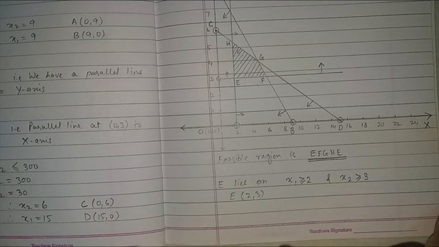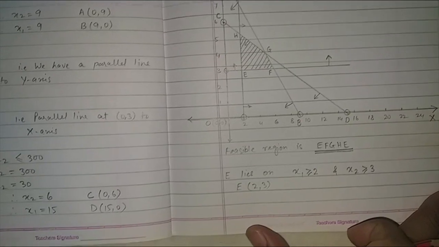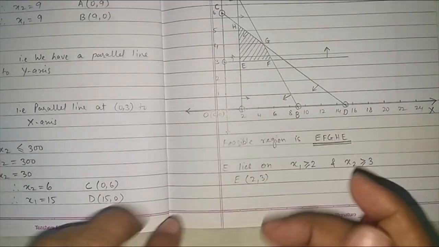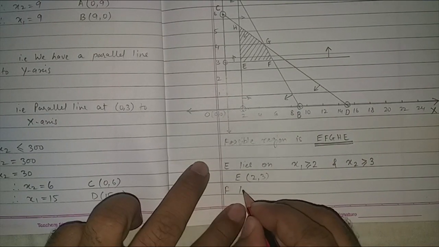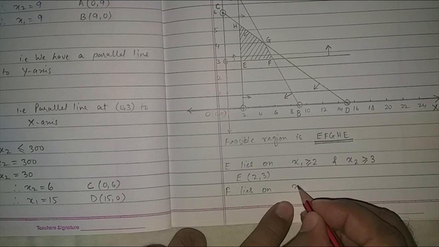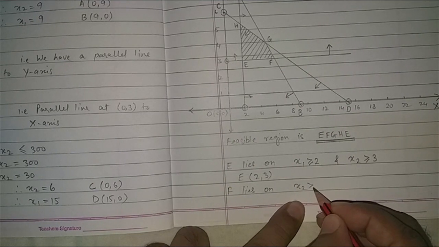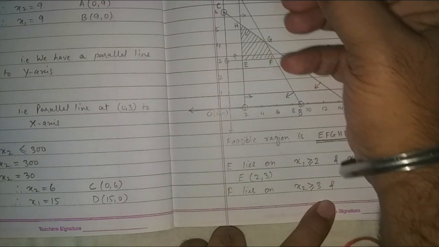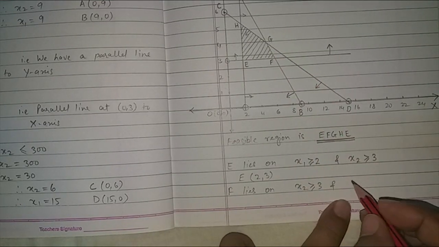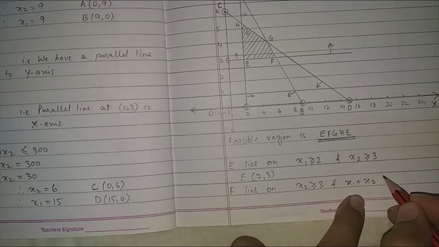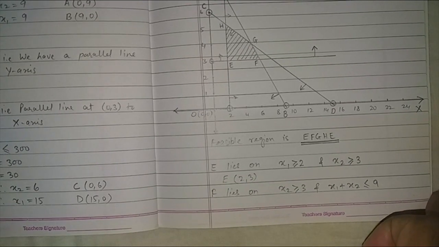Easy. Now let us check whether we can find out the coordinates for F here. F lies on similarly x2 greater than equal to 3, and the other equation, this one for AB. AB is x1 plus x2 less than equal to 9. These were the two equations.